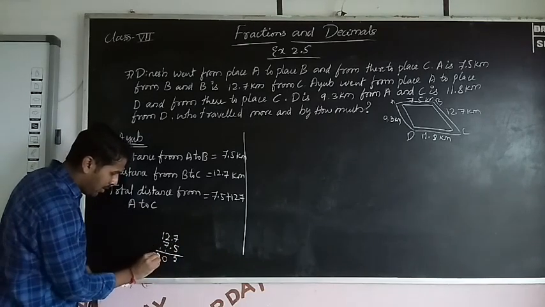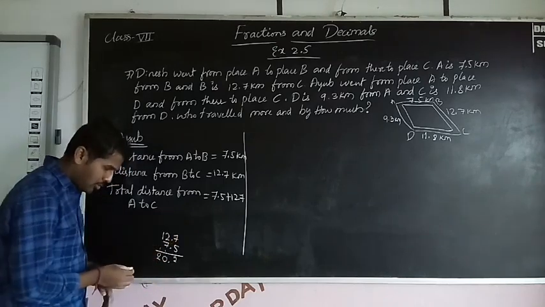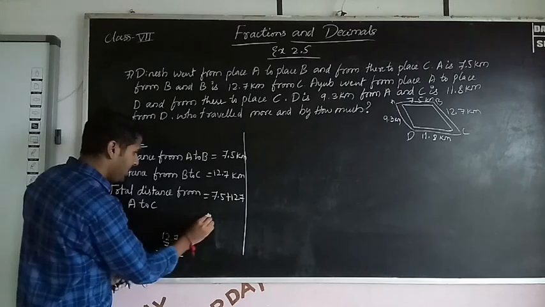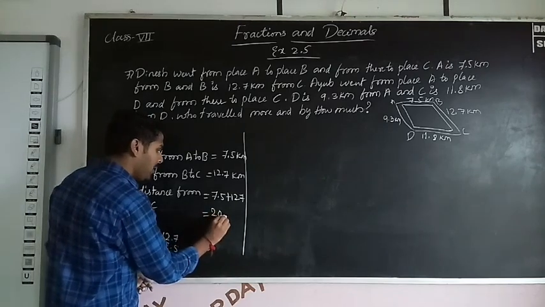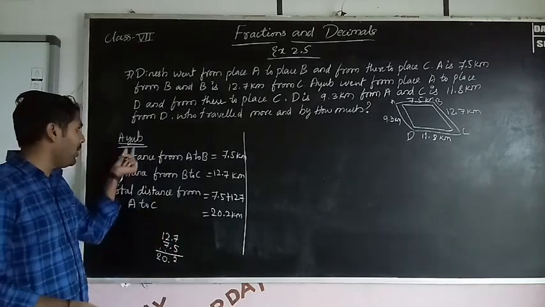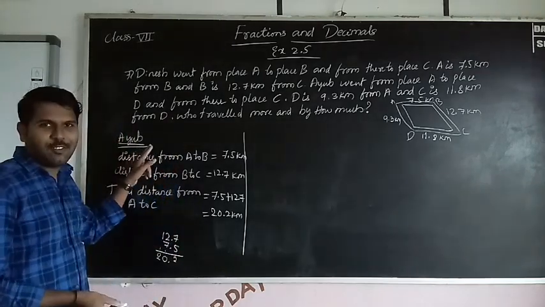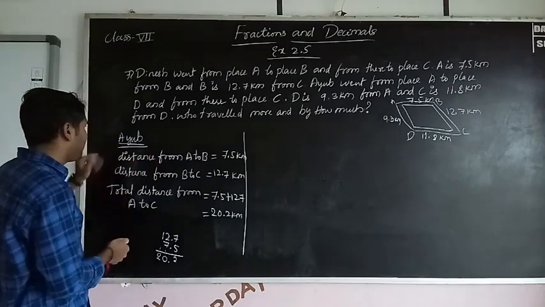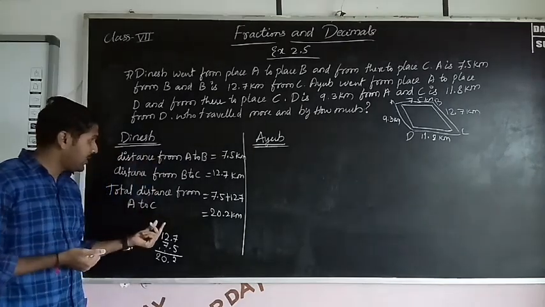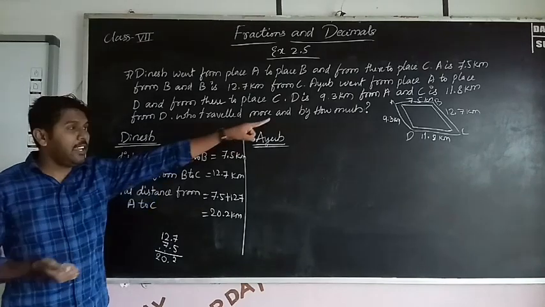So what is the total distance? 20.2 kilometers. This is the total distance covered by Dinesh, not Ayub, from place A to C.